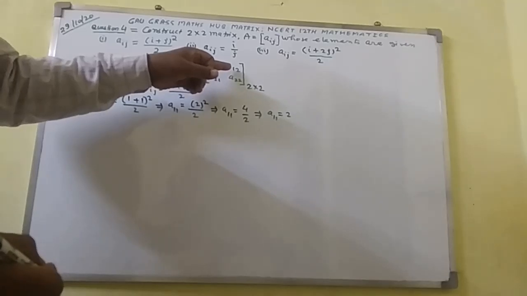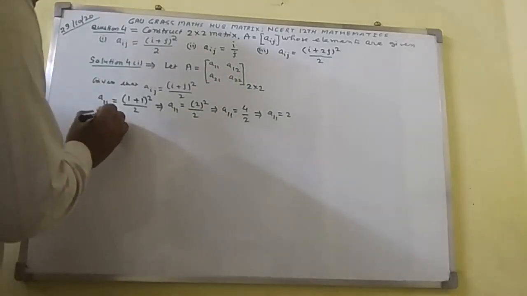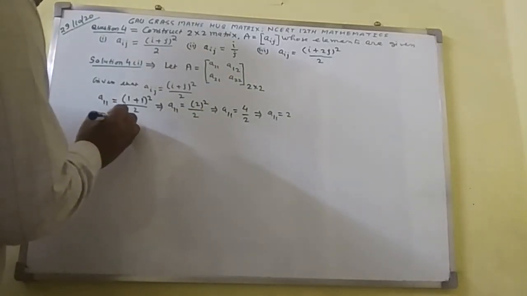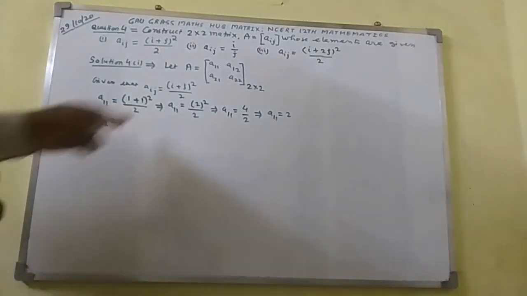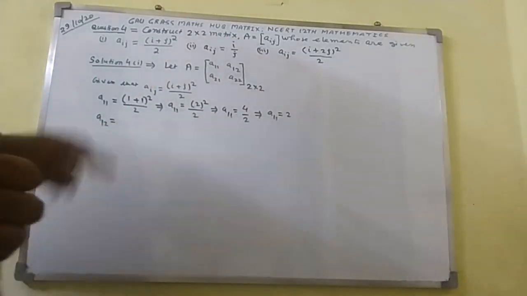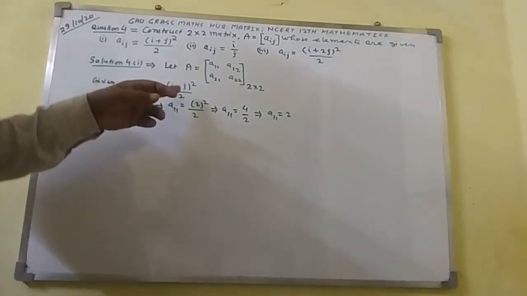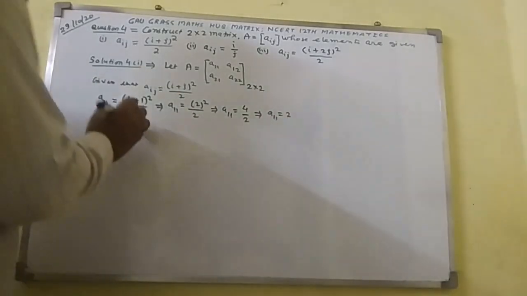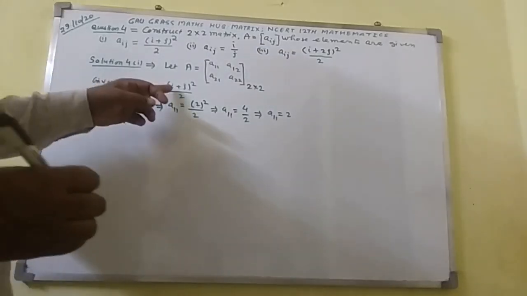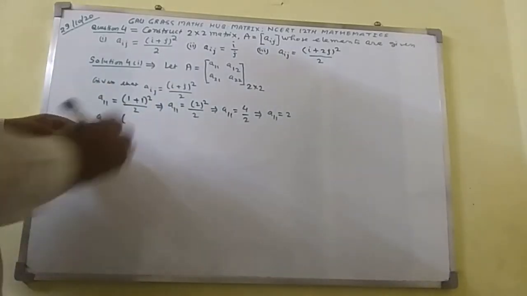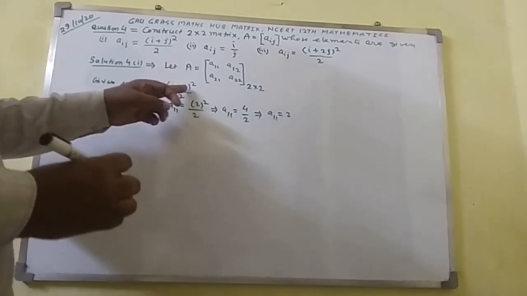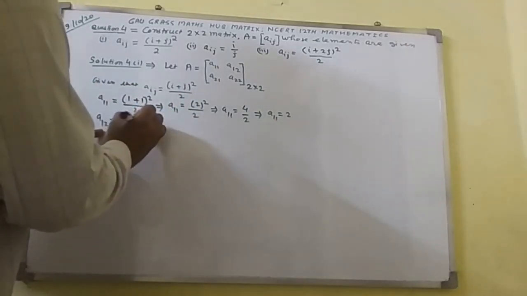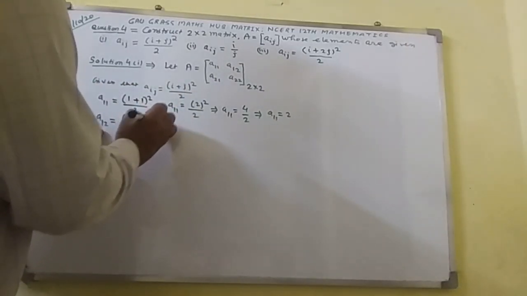Now take the second element of first row, I shall write here a12. This is the formula. You have to put the value of i and j respectively. So here the value of i I shall take 1, the value of j I shall take 2, whole square over 2.